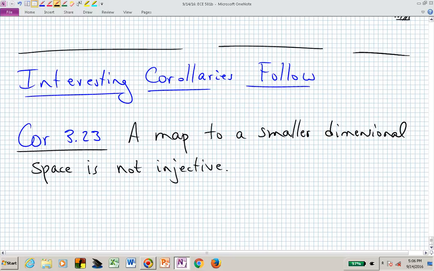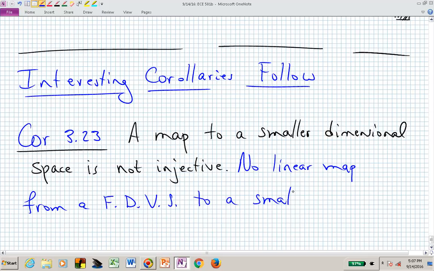So if we go from a large dimensional input vector space to a smaller dimensional output vector space, we know that linear map cannot be injective. No linear map from a finite dimensional vector space to a smaller finite dimensional vector space can be injective.